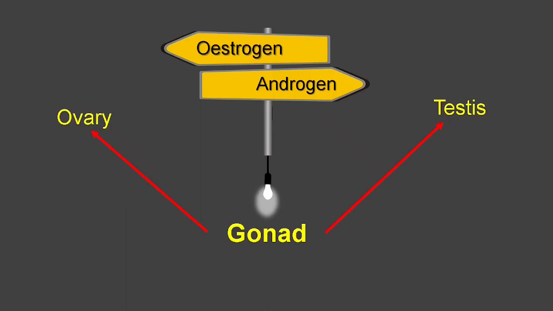Because the Leydig cell of the testis produces androgen, and androgen is the significant hormone that plays a very important role in the development of the tubular system. And in the absence of androgen, the Mullerian duct will develop. So let us discuss these things in detail.